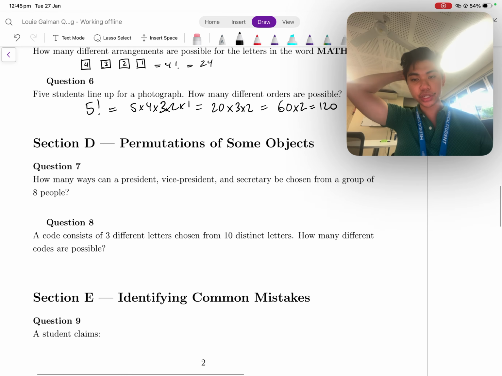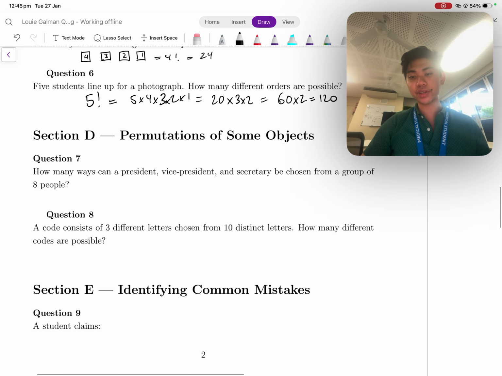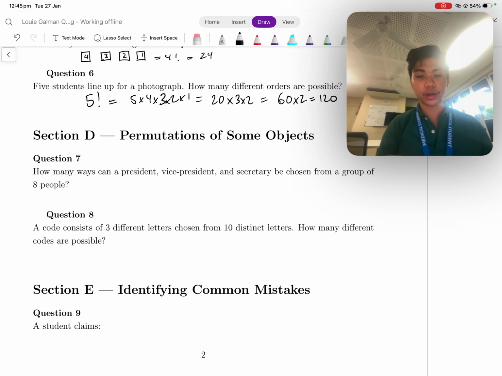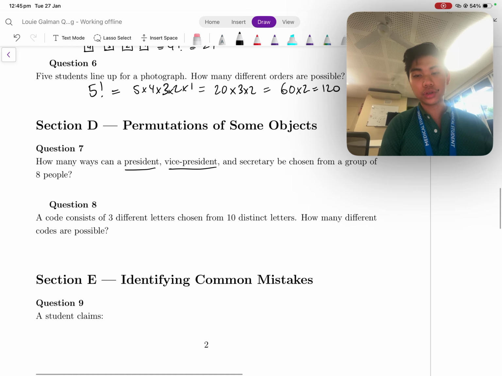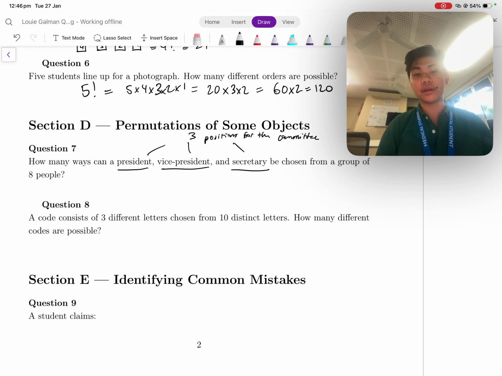Section D, permutations of some objects. How many ways can a president, vice president, and secretary be chosen from a group of 8 people? We have 3 positions for the committee, and assuming we can't have multiple positions, we use our box method again, but with only 3 positions instead of 8.